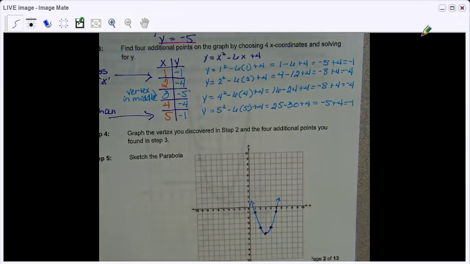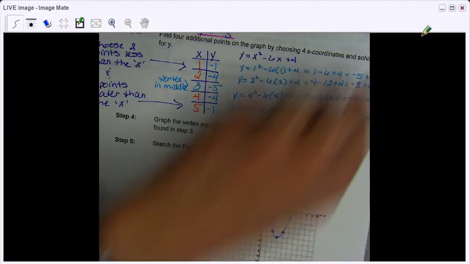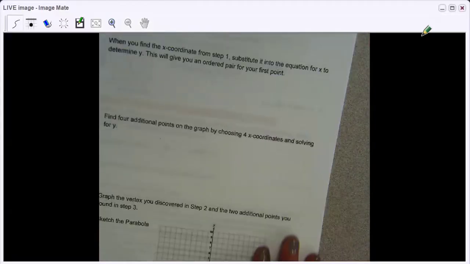Okay. Any questions? All right. Okay, page 3.